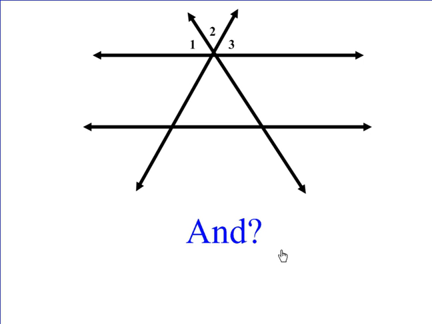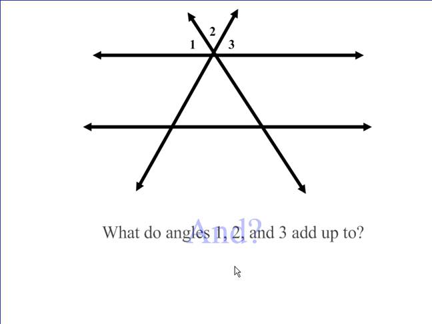Let's take a look at the top above that parallel line that we had the angles 1, 2, and 3. And I'd like to know, what do angles 1, 2, and 3 add up to? Well, we remember that a straight line adds up to 180 degrees.